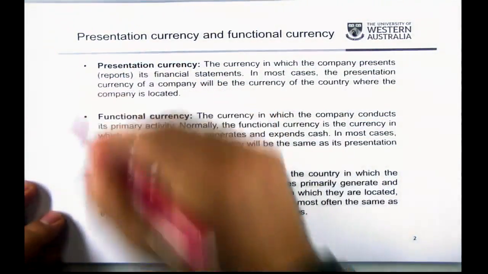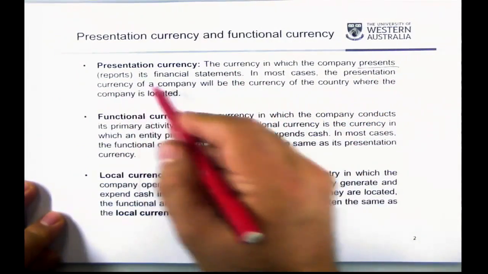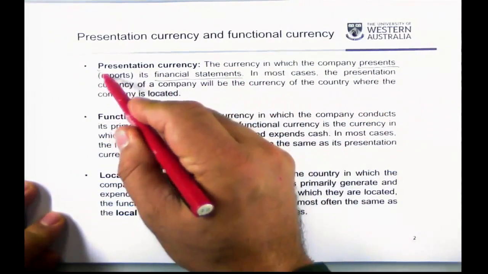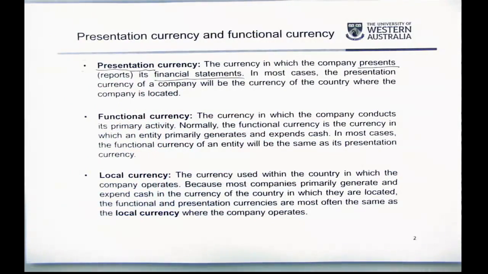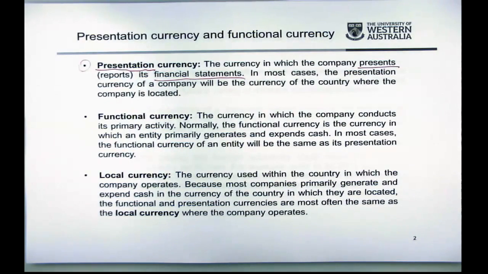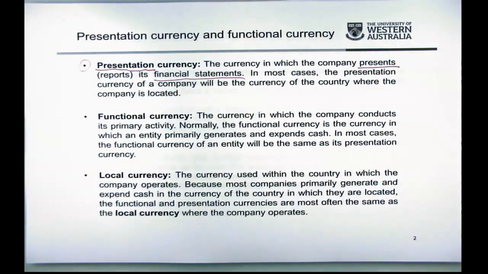Presentation currency is the currency in which the company presents or reports its financial statements. So the word presentation is a keyword. Presentation means the currency the firm uses to present or report its financial statements. Normally, this presentation currency is the currency of the country in which the firm operates or is located.